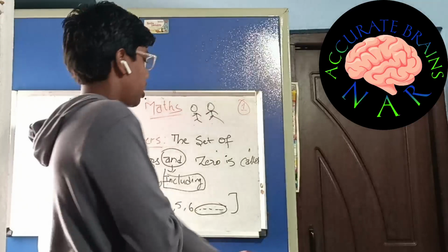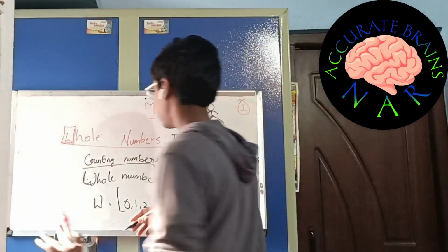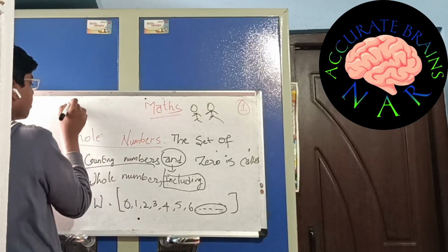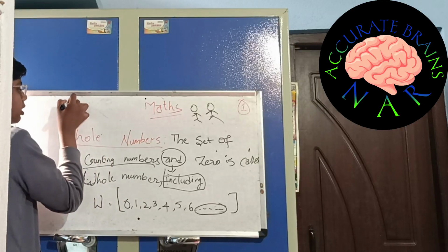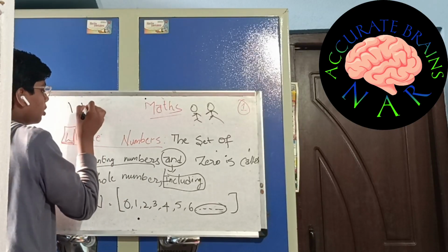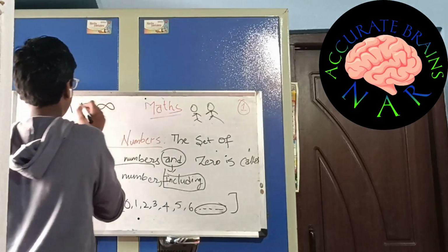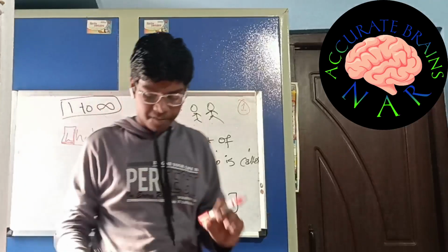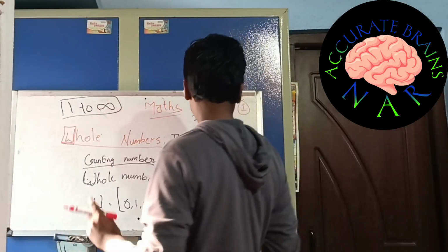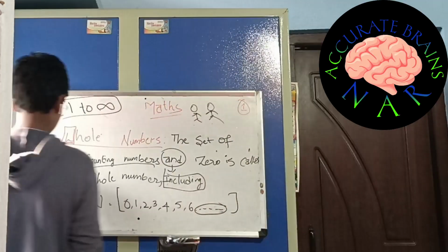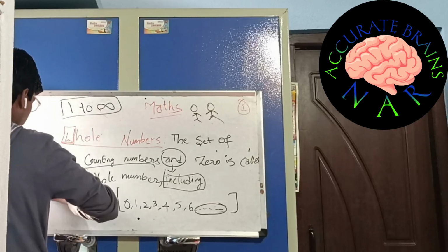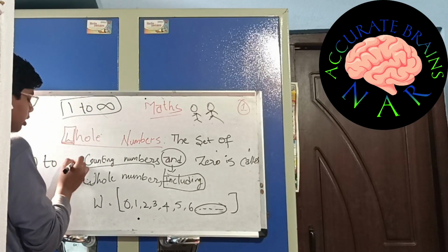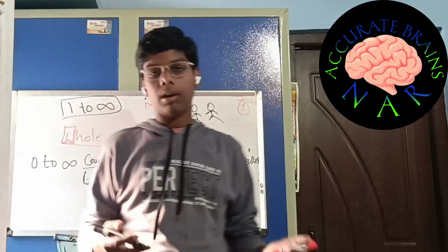If we check natural numbers, or counting numbers, they are denoted by capital N, and they are 1 to infinity. But 0 to infinity are known as whole numbers.